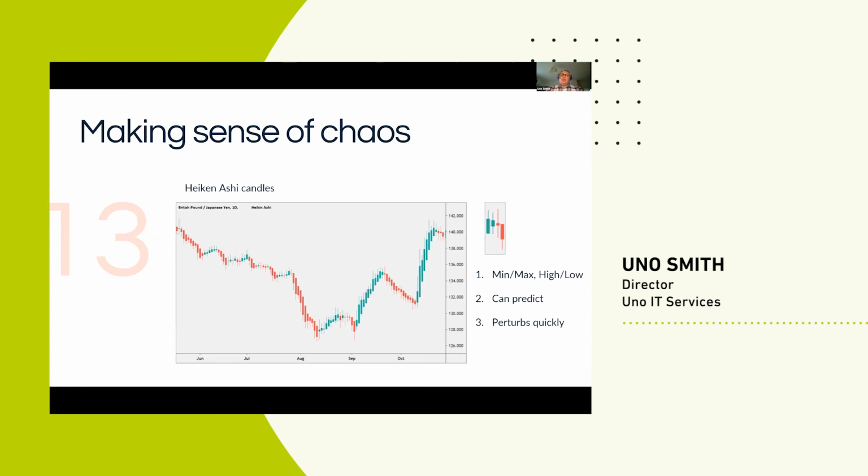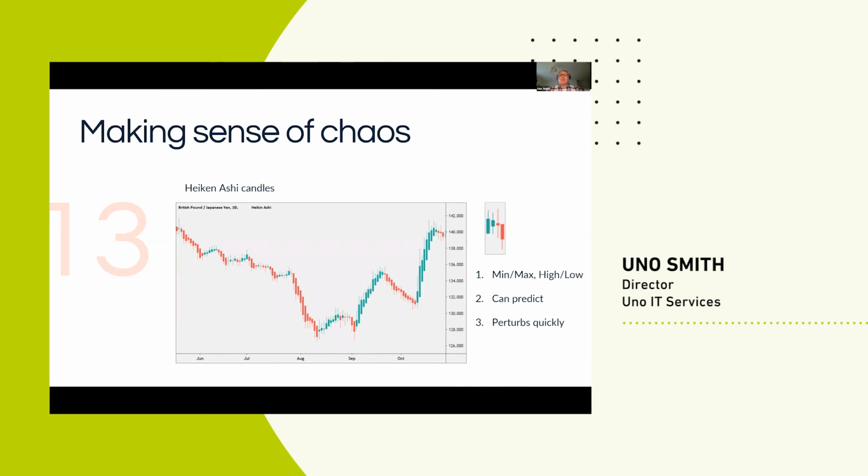What makes Heikin-Ashi interesting is the fat bar. It will always start right in the middle of the previous fat bar. So it is a sort of self-averaging algorithm that looks at the latest data only. It's a lovely way of working through data.